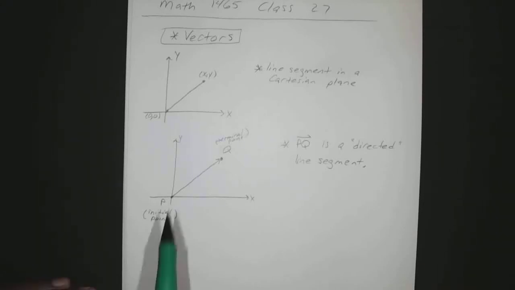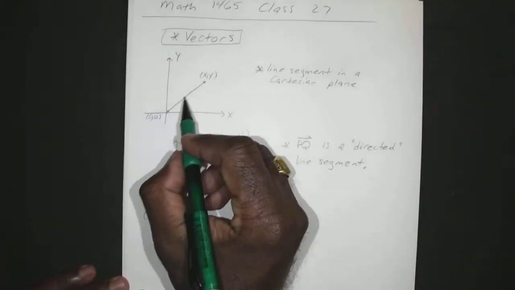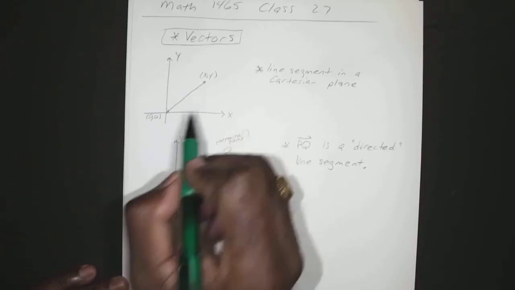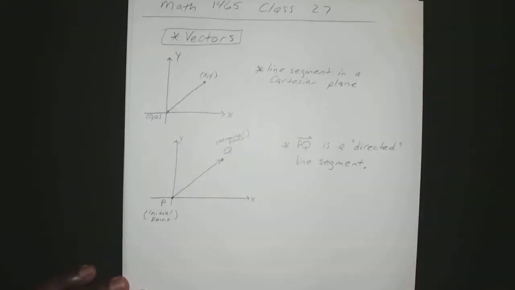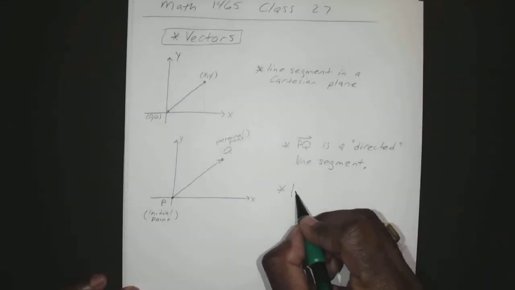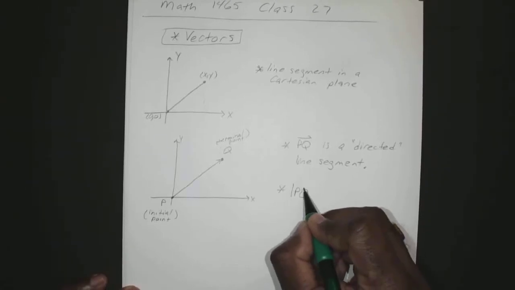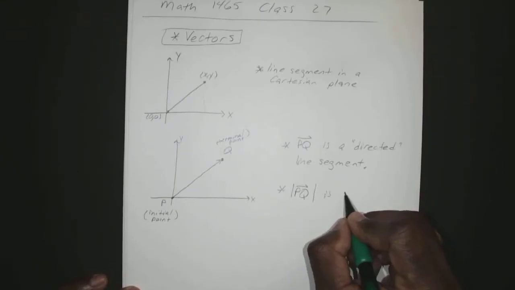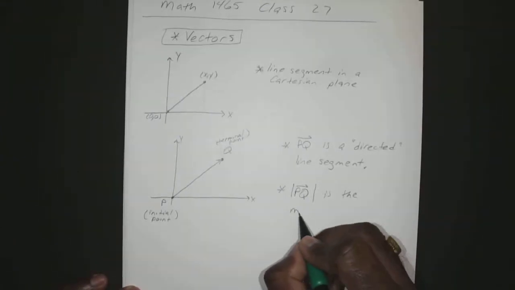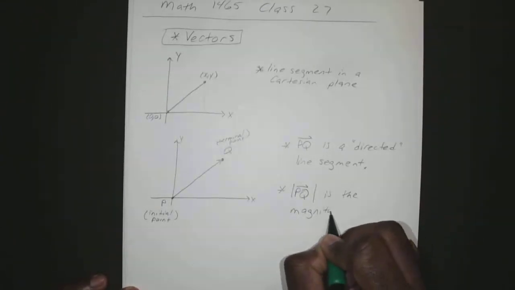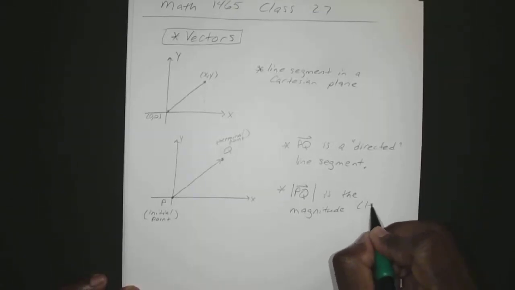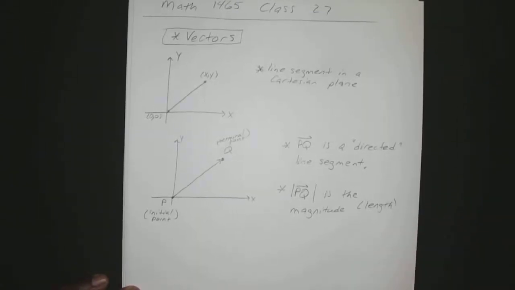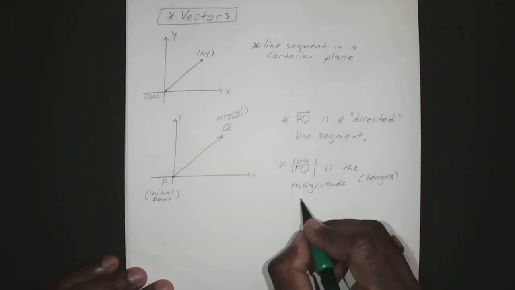Now with the regular line segment, you can figure out the length by making it a right triangle and using the formula for a right triangle. For a vector, the actual length looks like the absolute value symbol. That is the magnitude, which is just another way to say the length of the directed line segment.